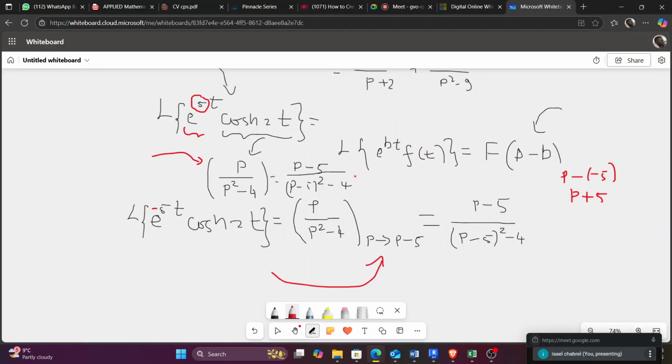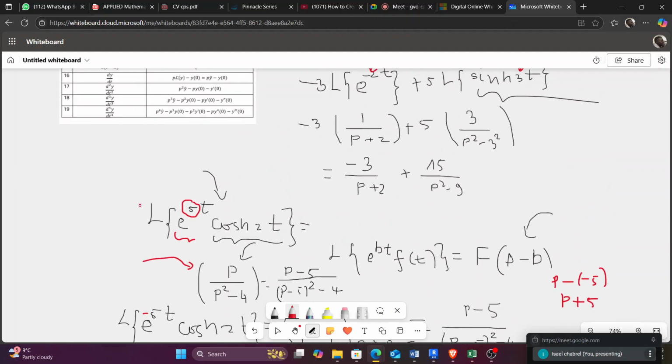Oh, okay. We only solve the equation next to the exponential. Yes, and then the only way that you include the E is when you substitute by what? P minus the power of the guy that you have here. All right. Yes, that is when you want to solve using the first translation property.